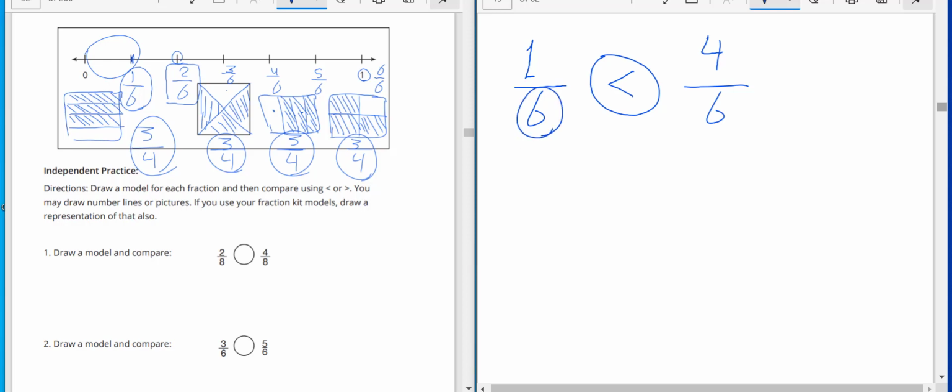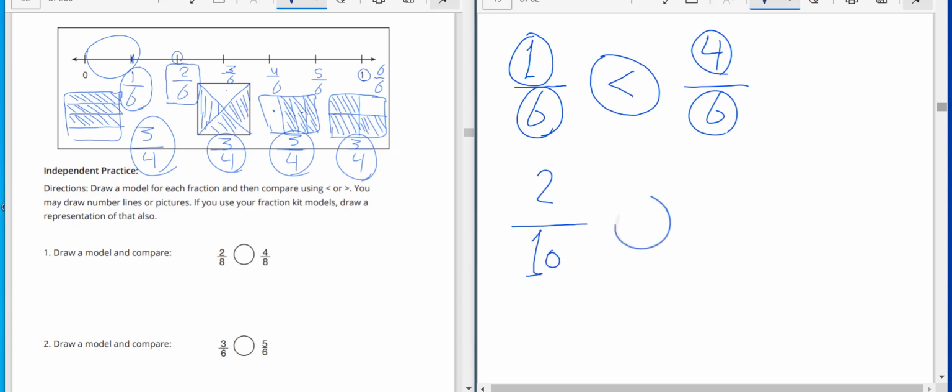Why? Because the denominator is the same number and the 4 in the numerator of this fraction is more than the 1 in the numerator of this fraction.